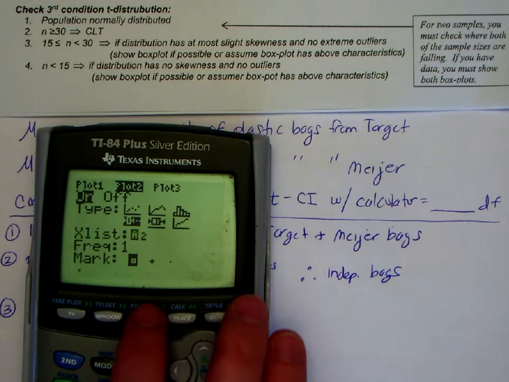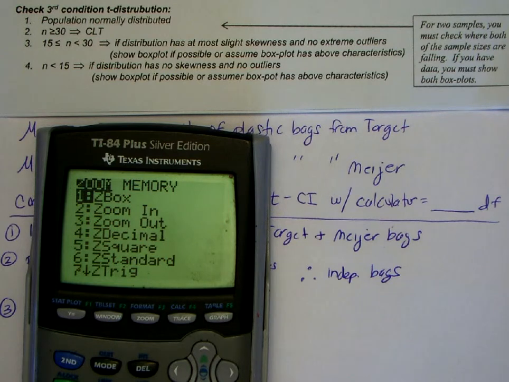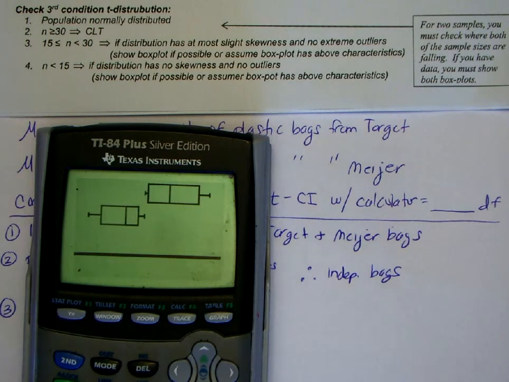So I'm going to do zoom 9 stat. And we're going to take a look at the top one is the Target, that's L1, and the bottom one is the Meyer. And there's very slight skewness, no major outliers. I'm okay to move on.